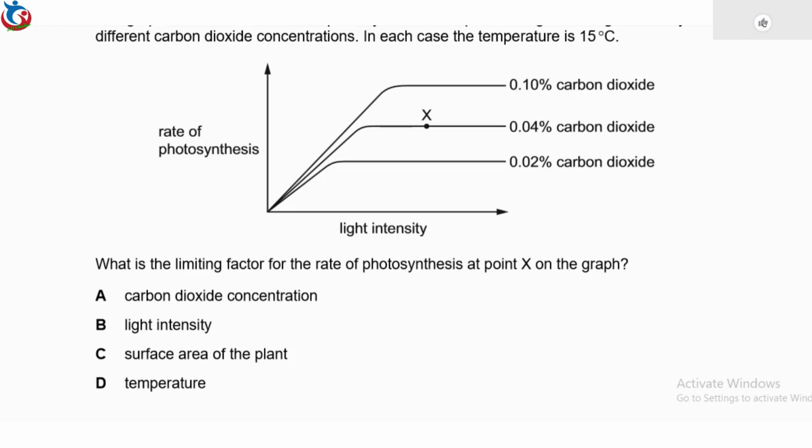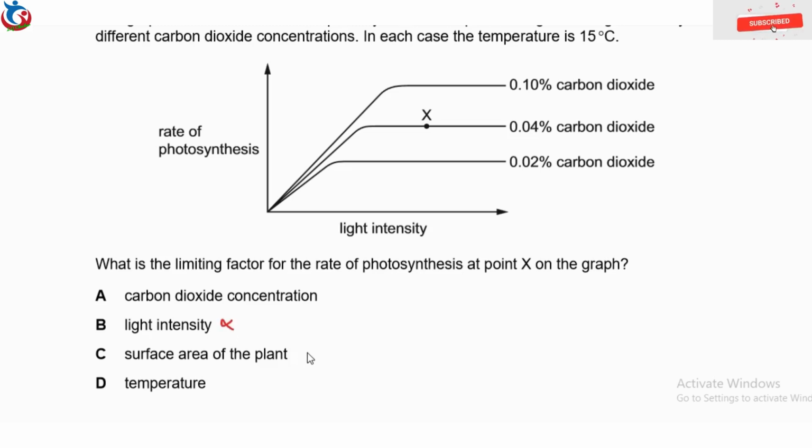Alright. In this case now, the light intensity is the same. And obviously, the only thing that will affect the rate of photosynthesis here should be the concentration of carbon dioxide. They are exposed to the same light intensity, so it cannot affect it.